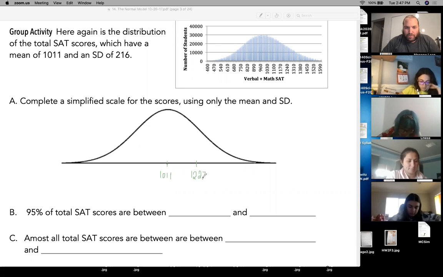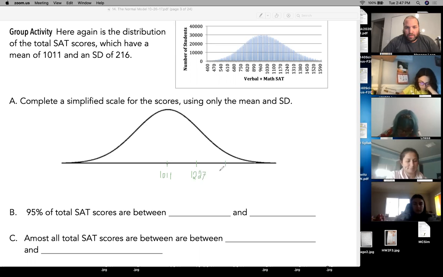Can you explain where that came from? I added 1,011 plus 216 because the standard deviation is 216. Excellent. You take the mean, which they gave you, and you add it to the standard deviation, which they gave you, and you get 1,227.